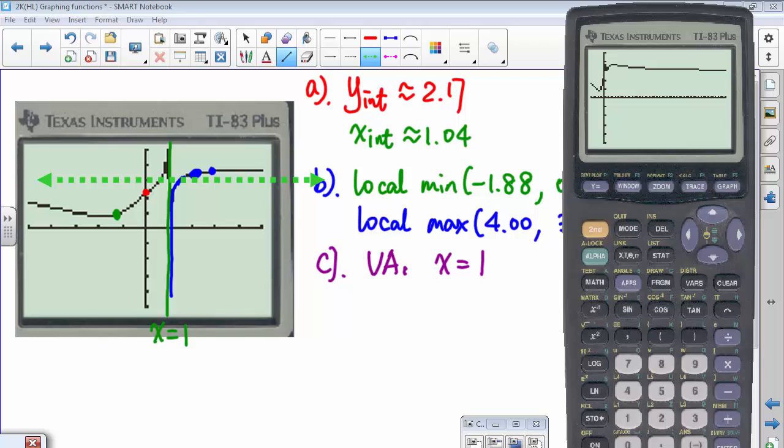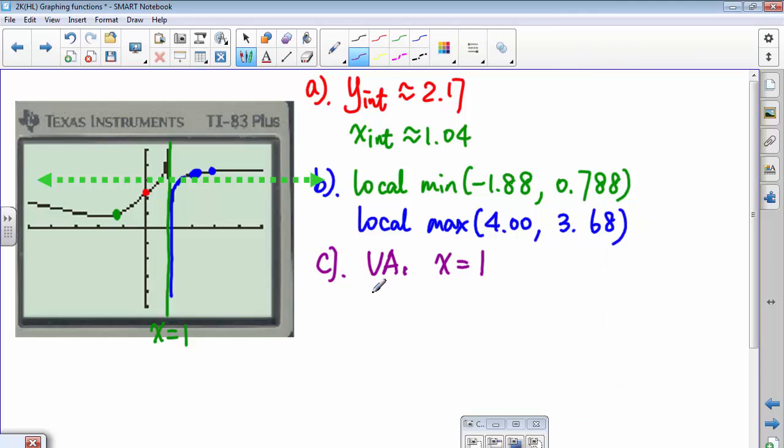So look at this, the y value is almost getting closer to 3. So the horizontal asymptote is y equals 3.